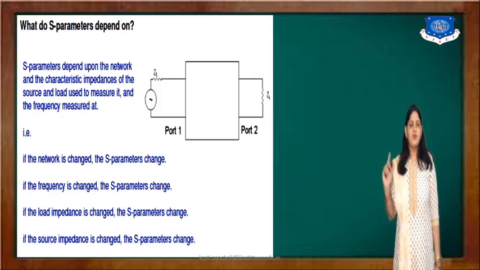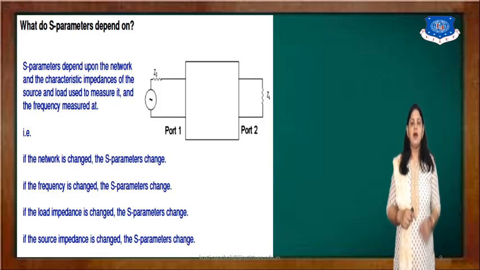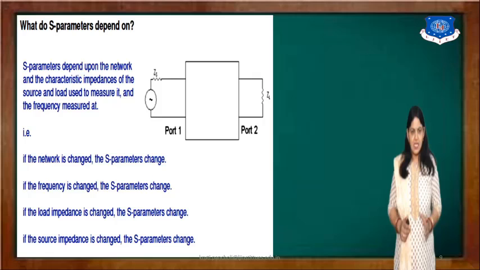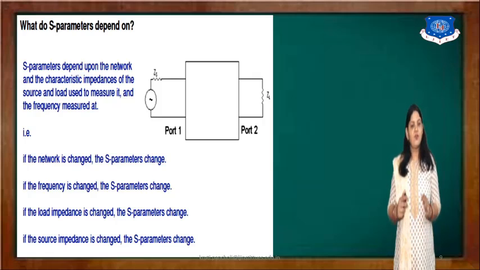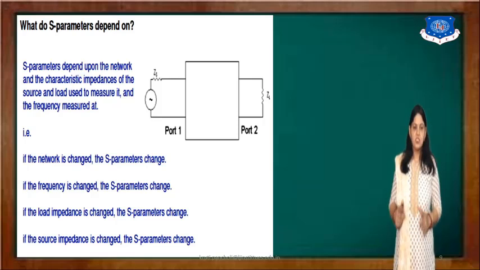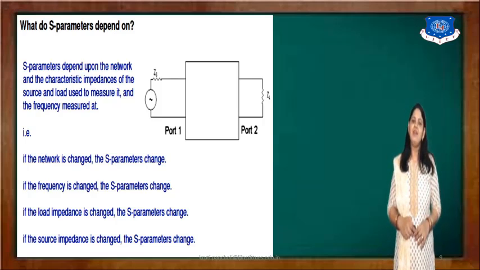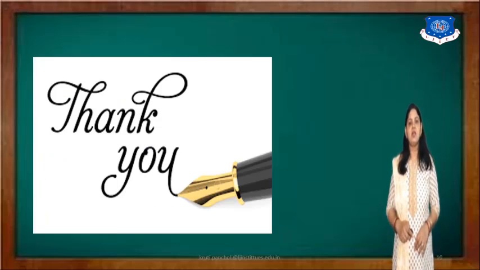So if the network is changed, the S parameters change. If the frequency is changed, the S parameters change. If the load impedance is changed, the S parameters change. And if the source impedance changes, again the S parameters change. So this is about the S parameters.